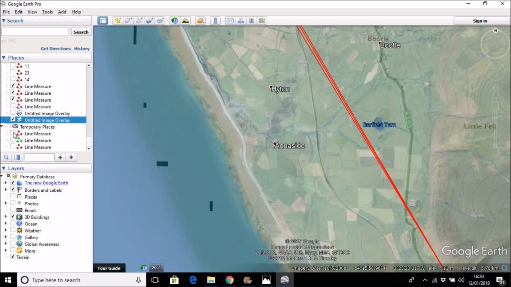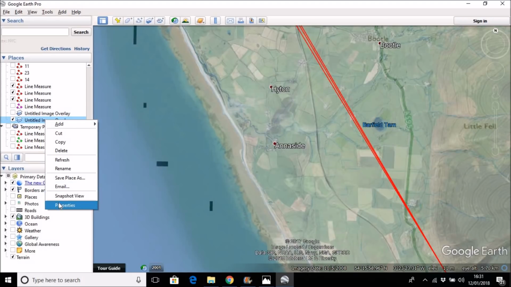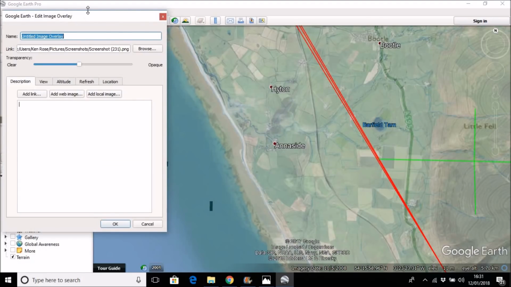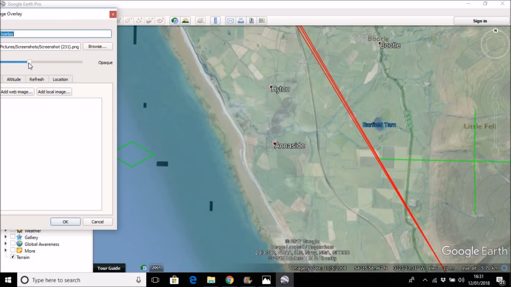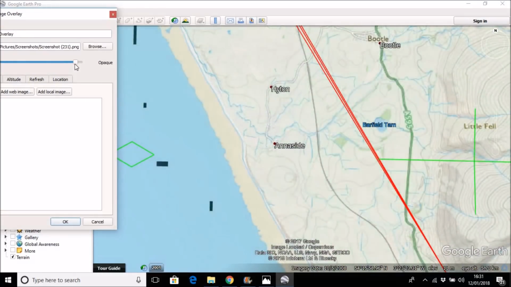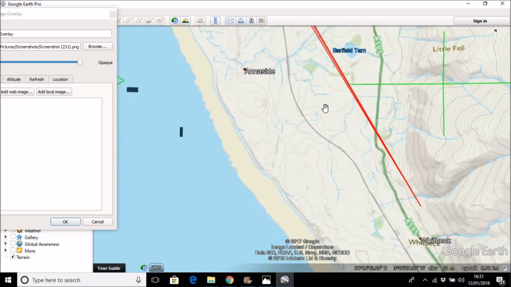What we want to note is the highest point that we can actually see here, and where it is. Increasing the opacity here, we get the contour lines in.